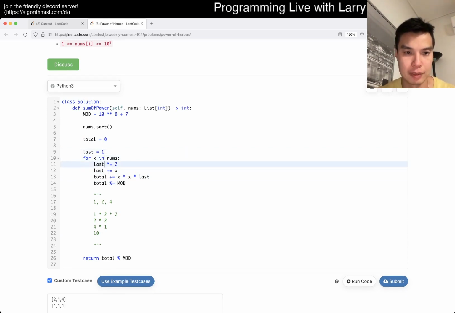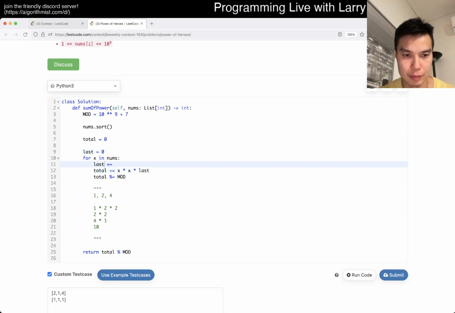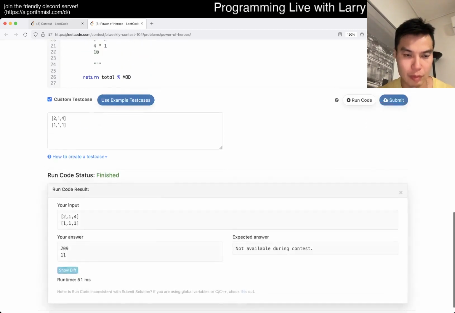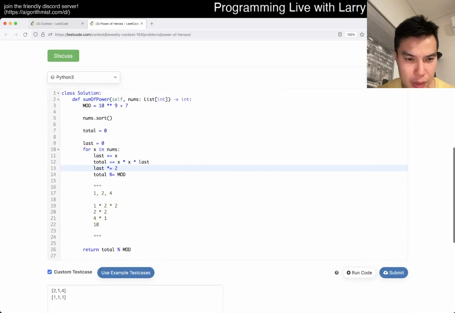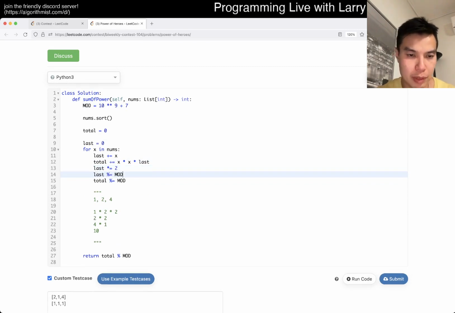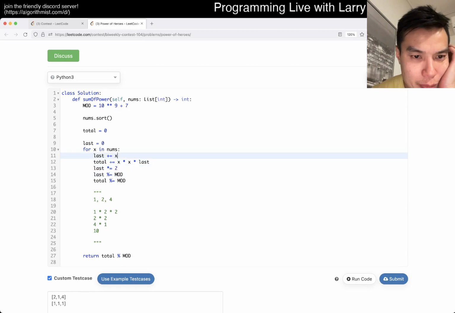Okay, so that's not quite right, is it? Basically, why is this off?